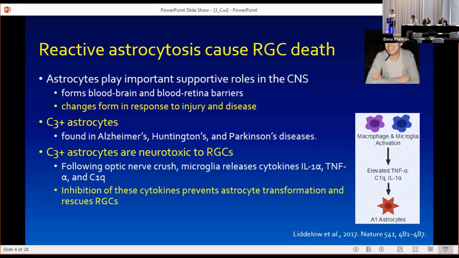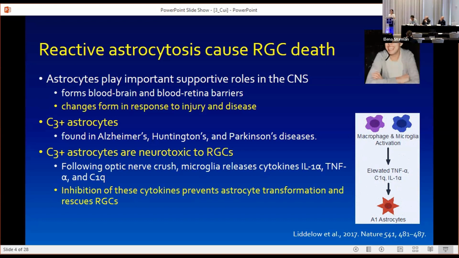So these C3 positive astrocytes have been found to be neurotoxic to retinal ganglion cells after optic nerve crush in a mouse model. Basically, after optic nerve crush, in a study by Liddelow and Barres that was published in 2017 in Nature, they found that microglia release a trio of cytokines: IL-1 alpha, TNF alpha, and C1q.